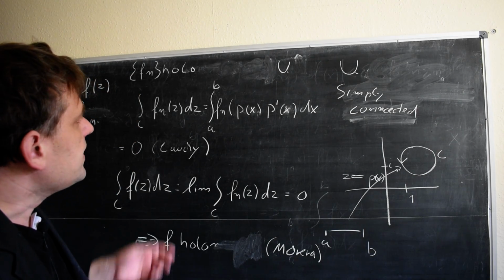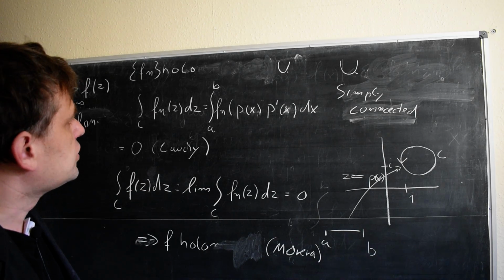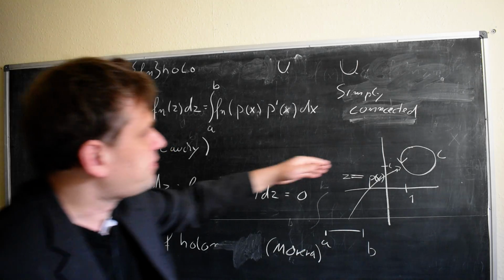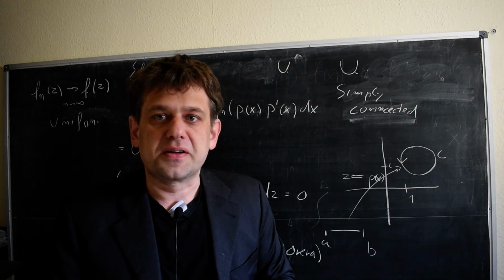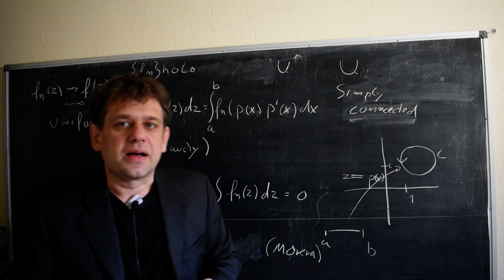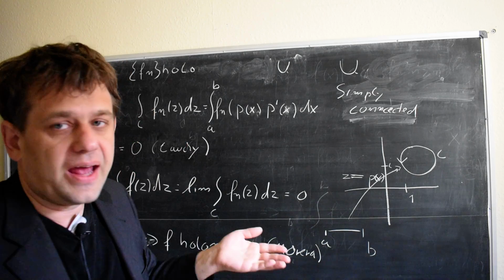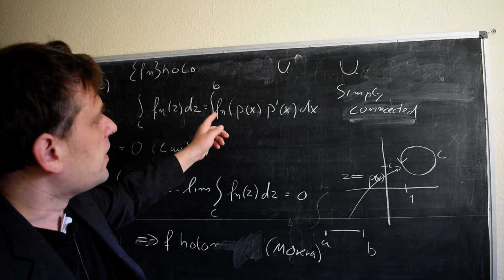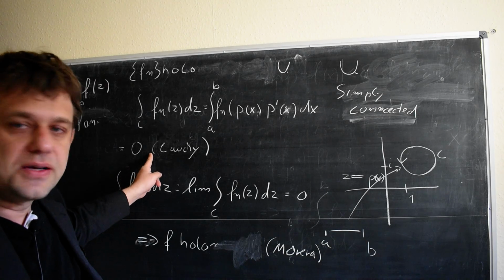And now what we do is we remind ourselves of Cauchy's theorem, which says that if you have such a closed contour C in the complex plane and you're talking about a simply connected domain, which in particular means that every holomorphic function, such as our fn, has an antiderivative, then the Cauchy theorem tells us that such an integral is always zero.